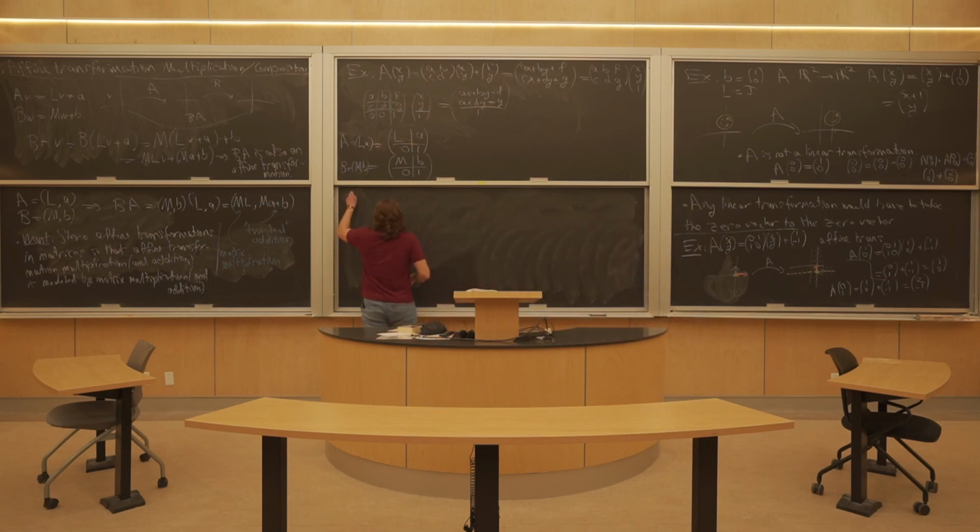So I want this. BA equals BA, which is given by this: ML, Ma plus b, 0, 1.